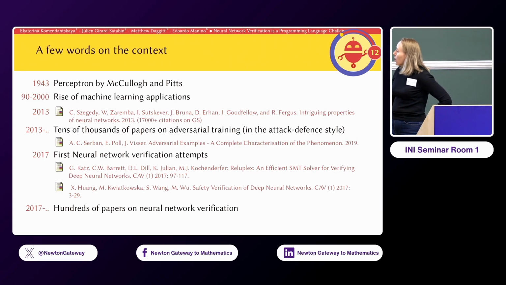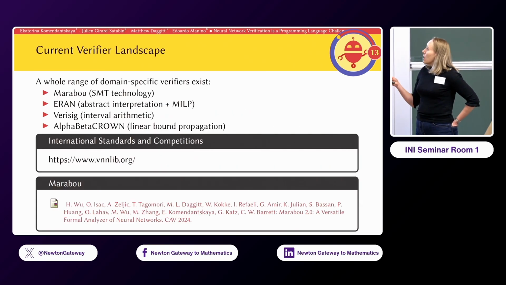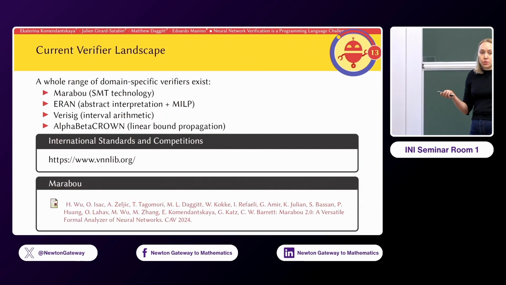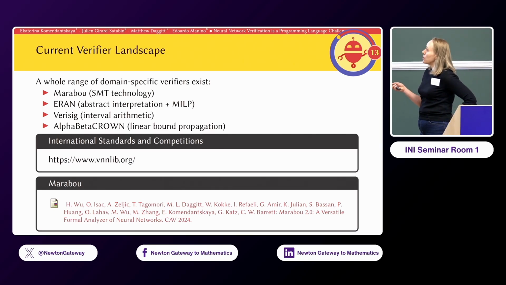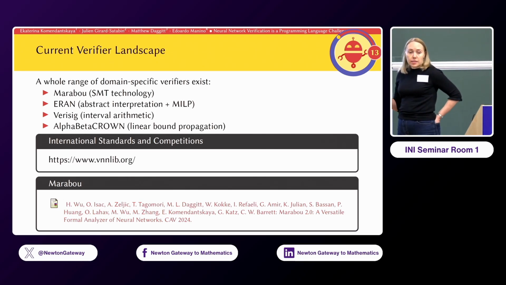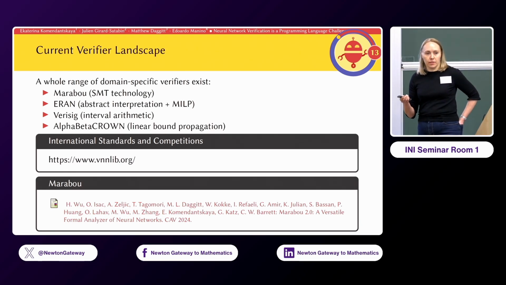So a few words on what actually happened here on the verification side. There are about a dozen different neural net verifiers, and they're all based on slightly different technology: SMT, abstract interpretation, interval arithmetic, linear bound propagation. There are international standards and competitions in this field, similar to, if you know the SMT solving community, the SMT-LIB format and competitions in that domain.